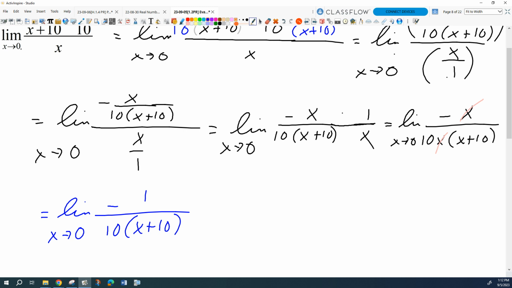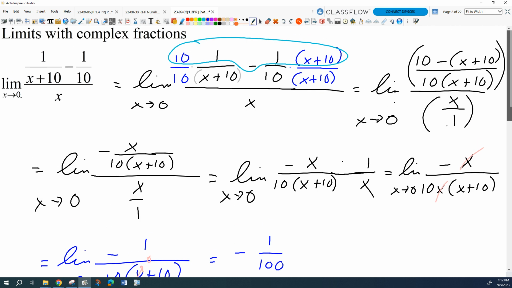Well, now as x goes to 0, what does that become? Negative 1/100th, right? Because when x goes to 0, that term just disappears, and we end up with negative 1/100th. Okay? So that works.